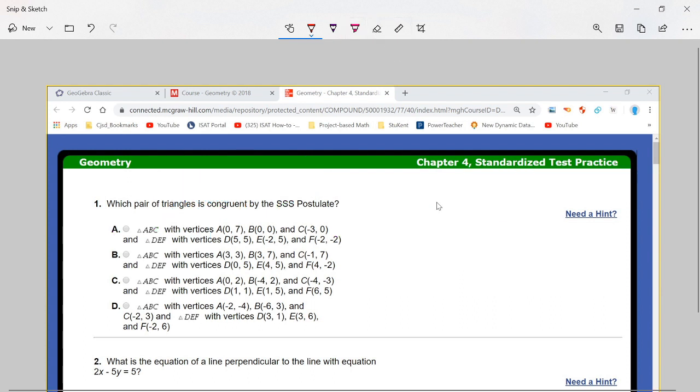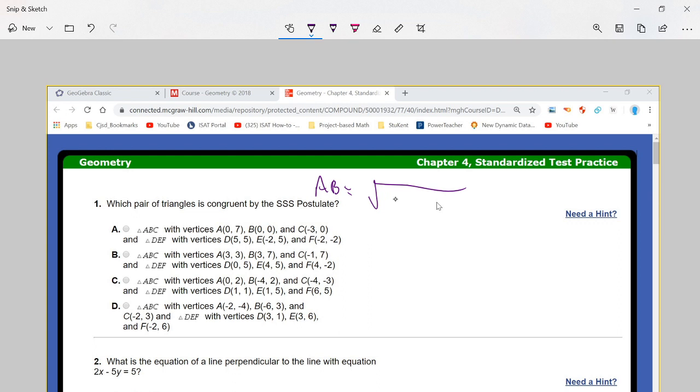Now I'll erase the whole thing. So here we go. We're going to go back here. So AB, I'll write AB equals the square root of, it's kind of messy, x minus x, which is 0 minus 0 squared, plus y minus y, which is 7 minus 0 squared, right?